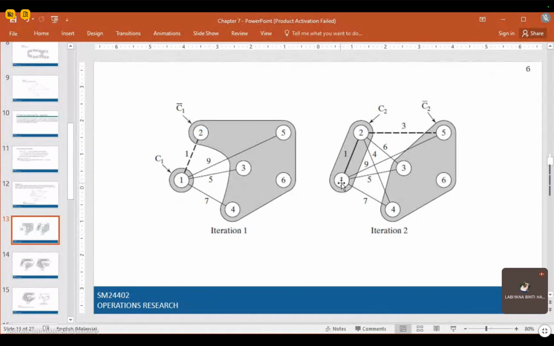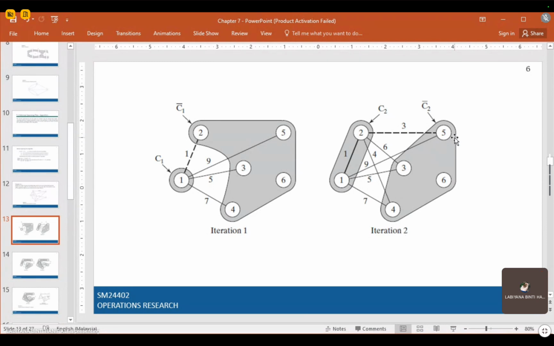We already connected the first node to the second, because we found this is the shortest. Now we need to connect node 2 to the other nodes.